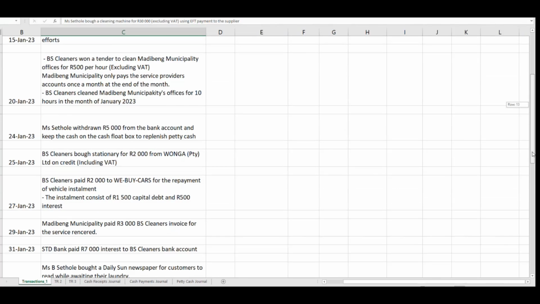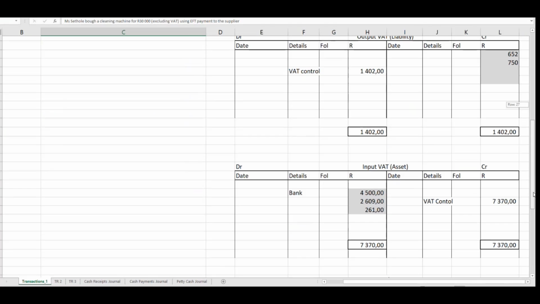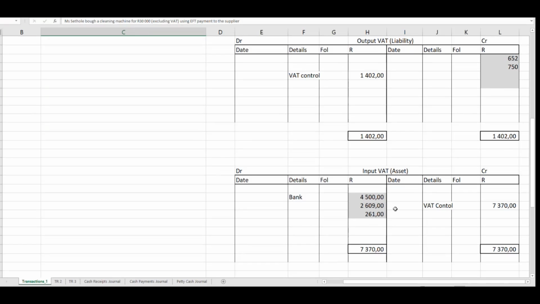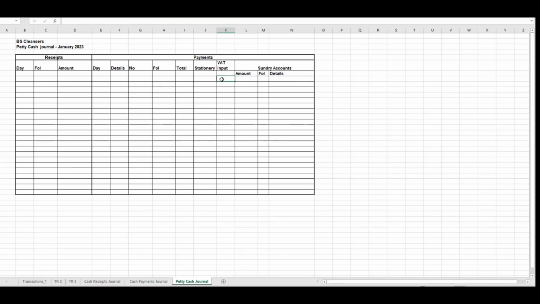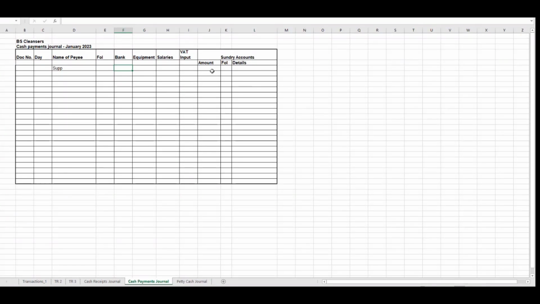Remember, we've already calculated its VAT as 2,609. So the VAT amount is 2,609, and the amount which will go to the machinery is 30,000, and then it will be called machinery.